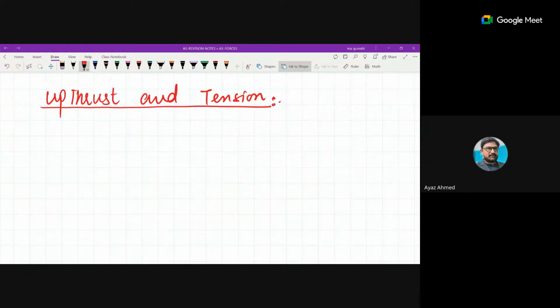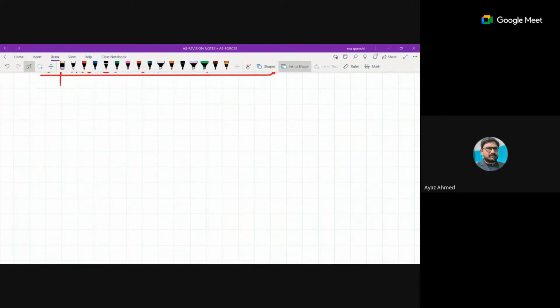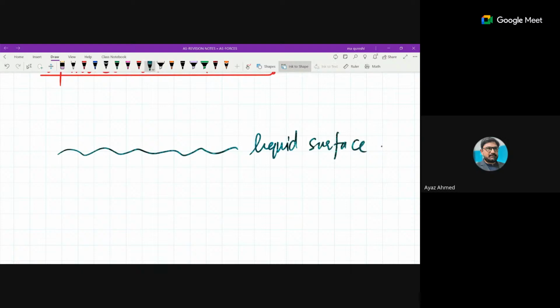When we are talking about upthrust and tension, let's say this is the surface of a liquid, and there is an object below the surface of the liquid, like here, and there is a rope attached to it. This is the rope.